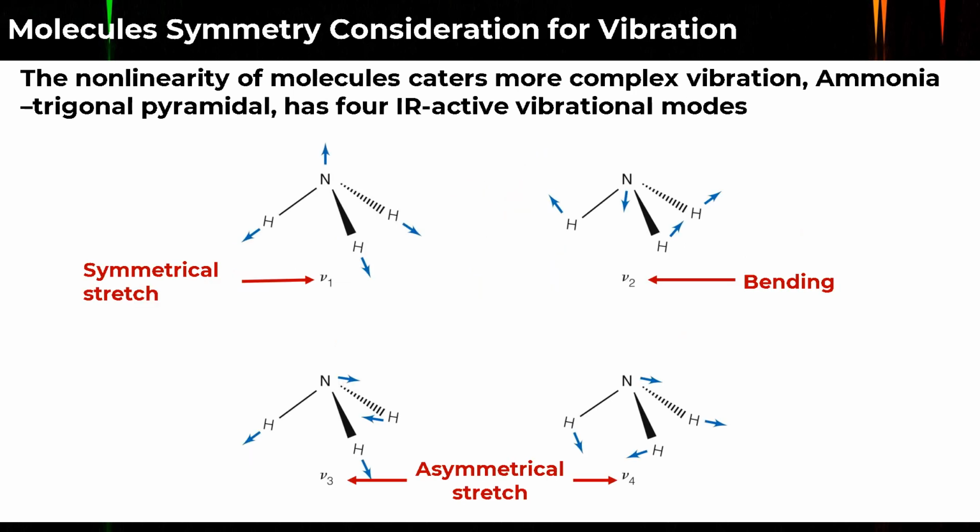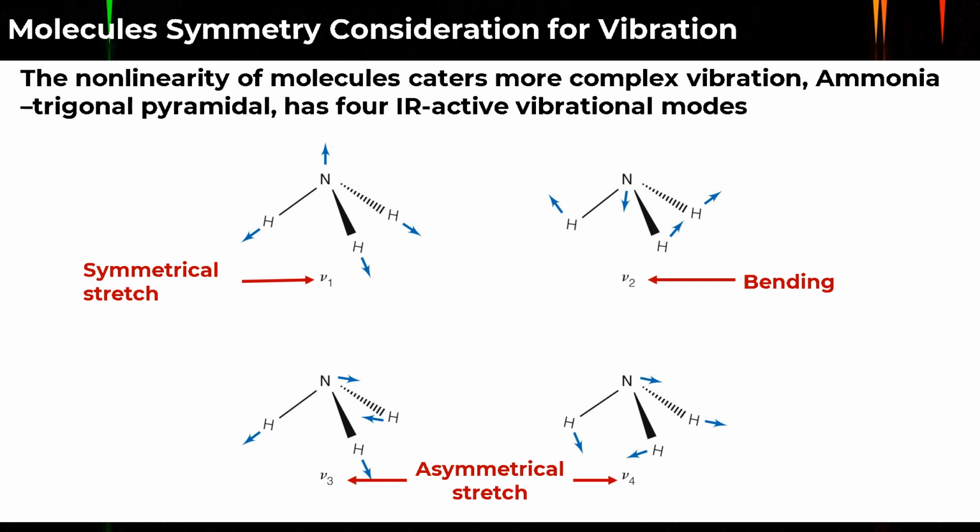As an example, the ammonia molecule has a molecular geometry of trigonal pyramidal. It has four known vibrational modes that are all IR active. For V1, all the NH bonds stretch outward simultaneously and symmetrically, inducing a change in the size of the molecule. For V2, a bending stretch is observed where there is an alteration in the H-N-H bond angles.